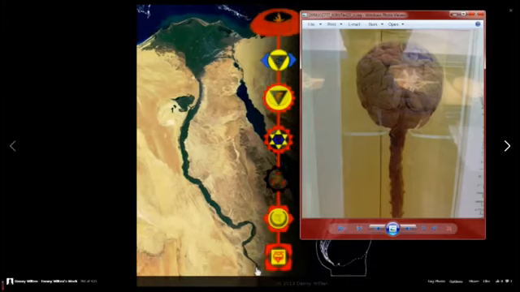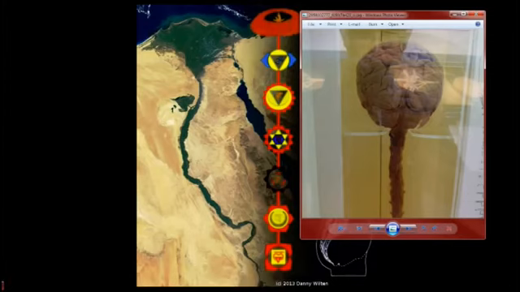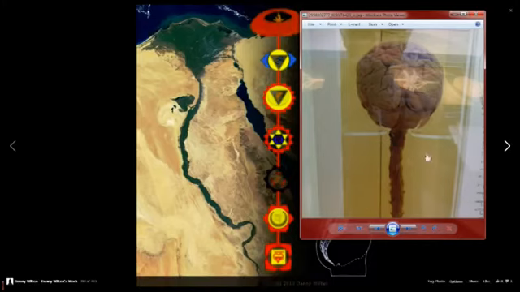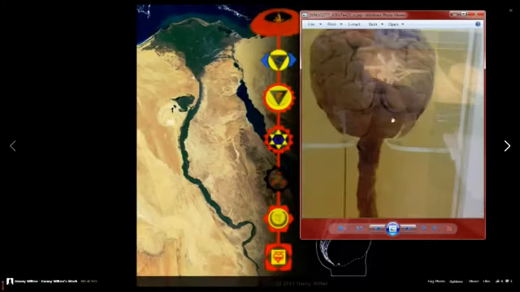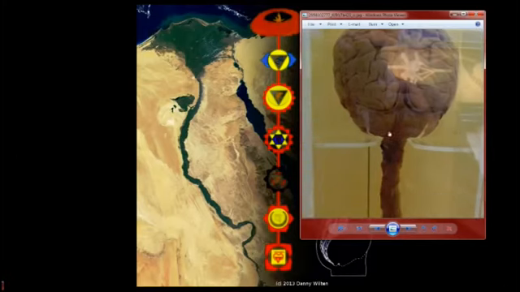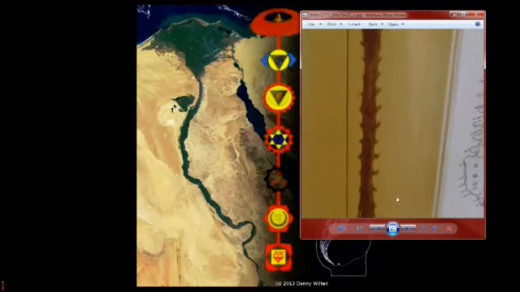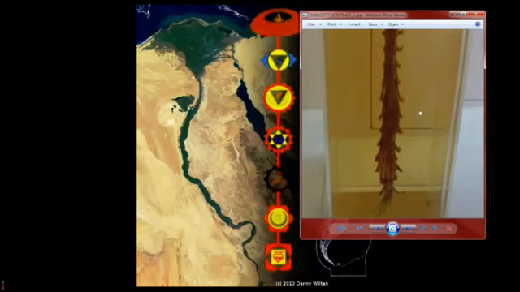I want you to notice what's actually happening here at the end of that spinal cord. You see how it kind of frays and looks kind of like a spider or something. It looks like it's got legs on the end of it. Well, let's take a look. This is actually a real human nervous system right here. And when we go all the way down to the bottom, I want you to take a look at what it does.